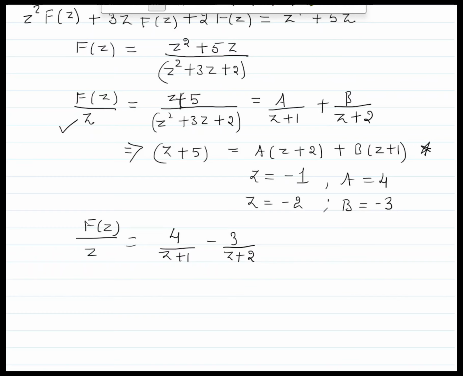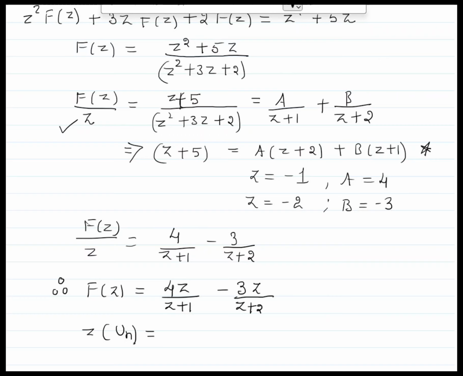The next equation we have: F(z) equals 4z upon z plus 1 minus 3 times z upon z plus 2. Now, what is F(z) actually? You know, the Z transform of u_n.